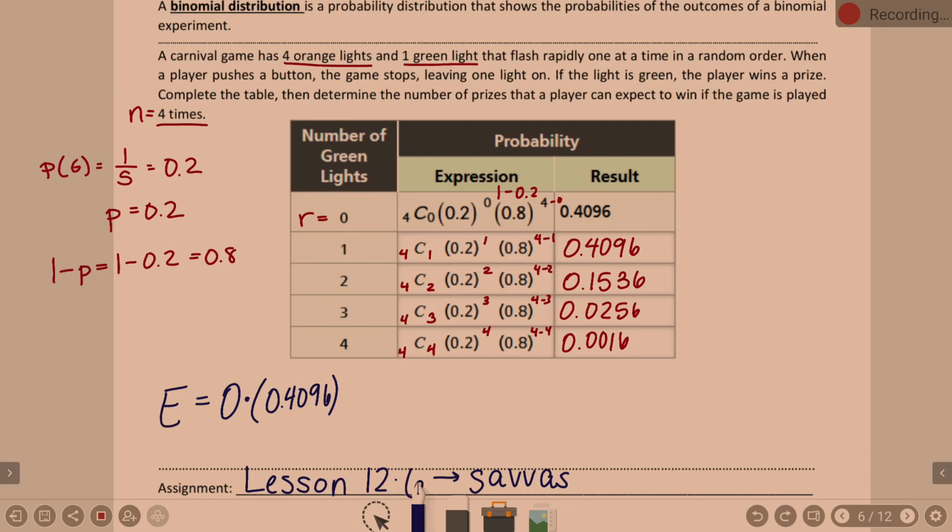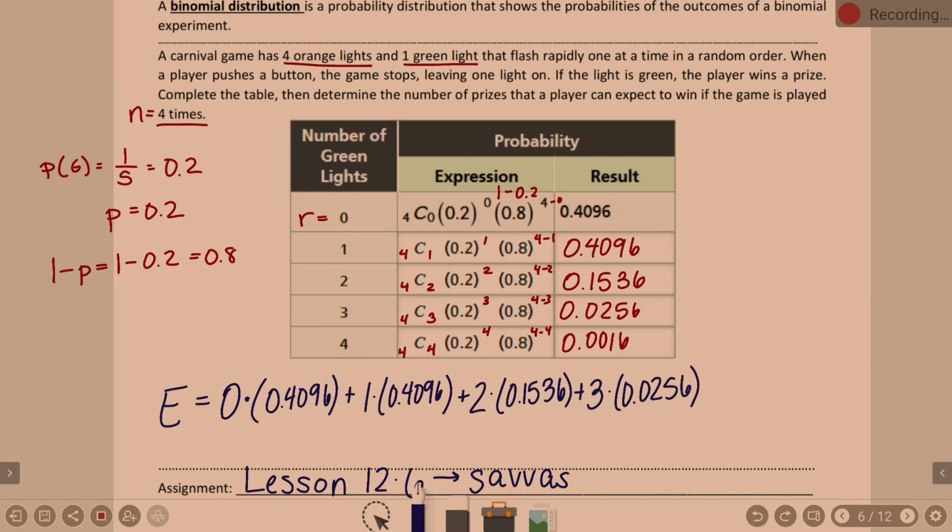Plus, we could get 1 green light. What's the chance you get 1 green light? 0.4096. Plus, you could get 2 green lights. What's the chance? 0.1536. Plus, you could get 3 green lights. What's the chance? 0.0256.